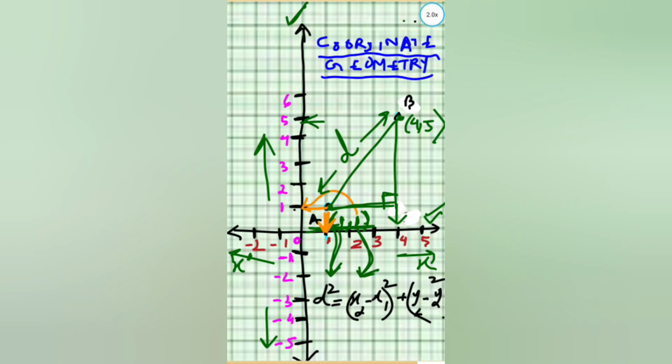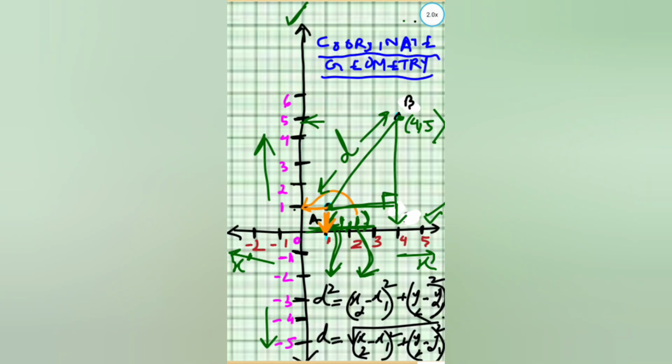Now I'll explain these, don't worry. Here, the bracket has not been shown clearly. Excuse me, it has gone to the extreme right. Now, distance will be equal to the square root of (x2 minus x1) square plus (y2 minus y1) square. But how did we get this formula? The question is there. How did we get it?